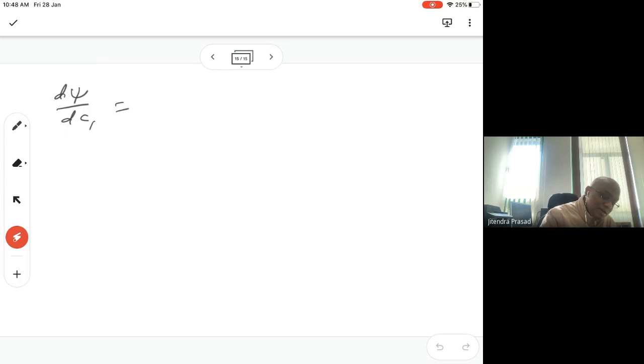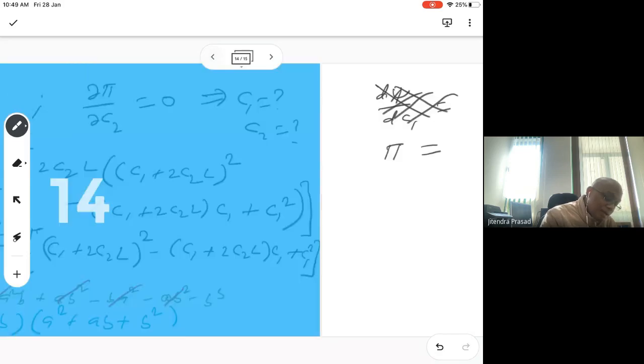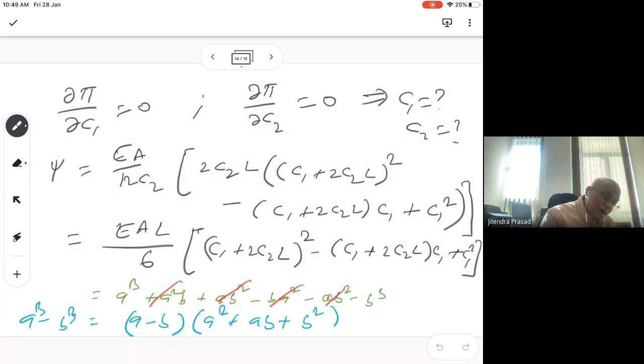So let me not write this, but rather pi is equal to the final form that you can use.